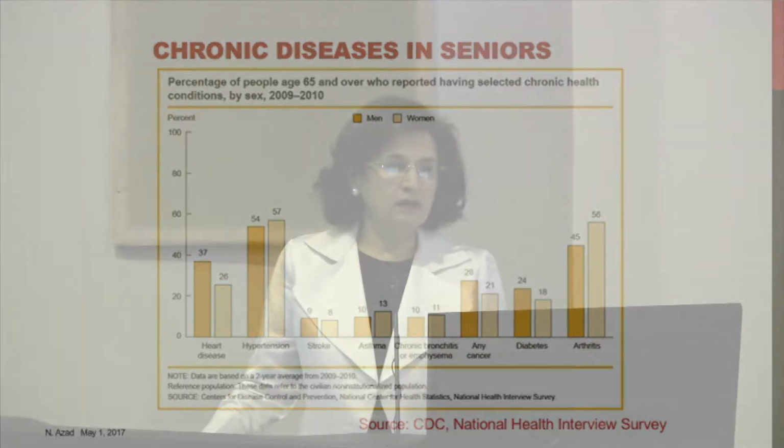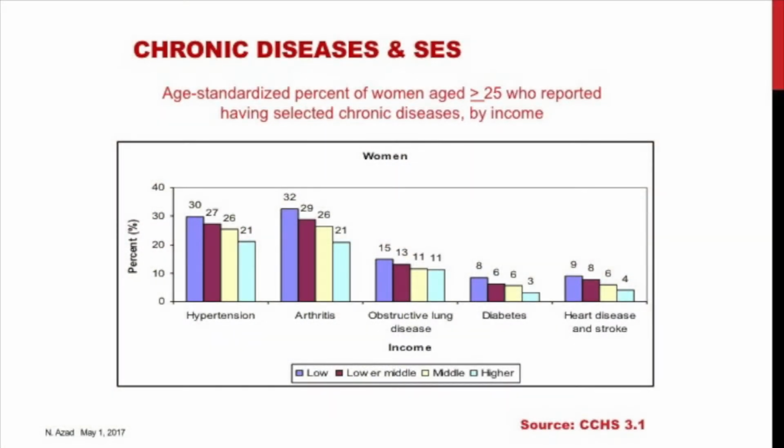We all know the healthiest way of aging is to be rich, and those from low socioeconomic status have higher rates of hypertension, arthritis, COPD, diabetes, and heart disease.